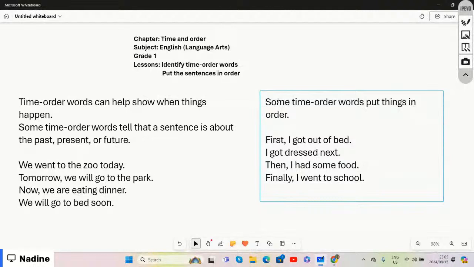And the lessons that we are going to be focusing on under the chapter of time and order are to identify time order words, and to put the specific sentences in order. So that is going to be our lessons for today.